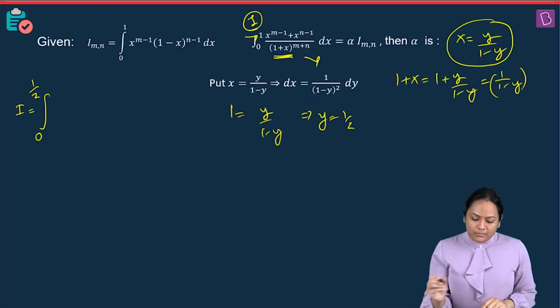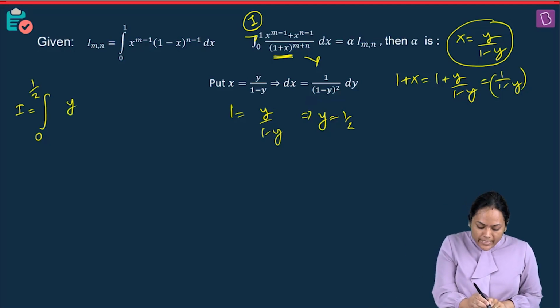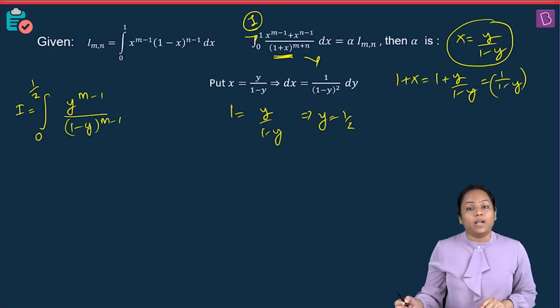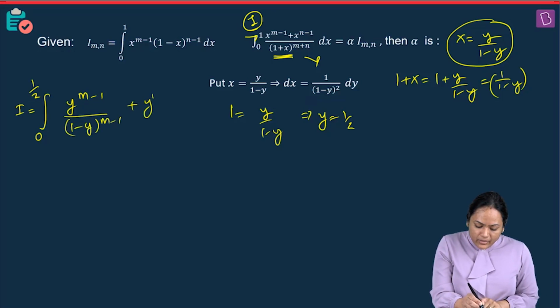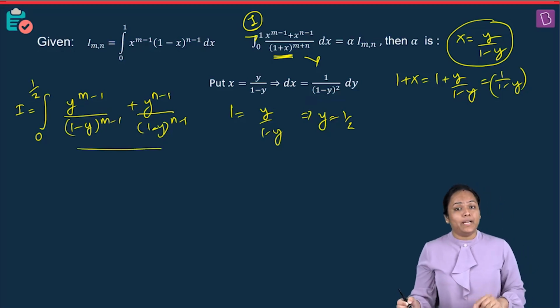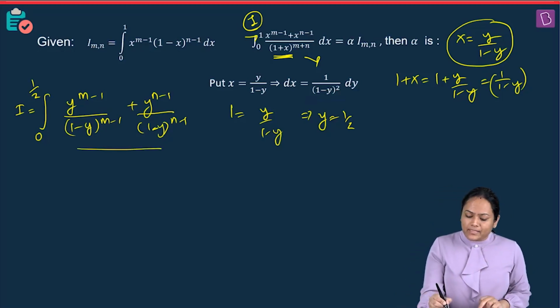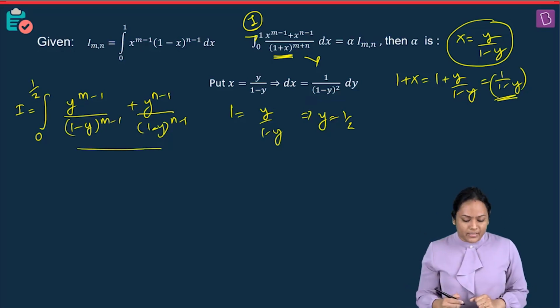Well, x raised to m minus 1 will be y raised to m minus 1 divided by 1 minus y raised to m minus 1. Then I'll have y raised to n minus 1 divided by 1 minus y raised to n minus 1, whole divided by, we have just seen that 1 plus x is going to become 1 upon 1 minus y.